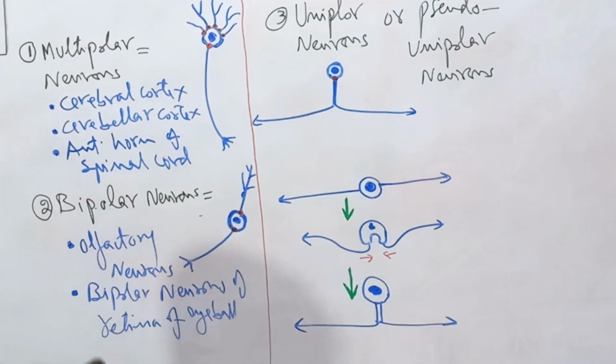Initially, these are not unipolar. These are bipolar, a cell body with two processes, thus having two poles. Then as development proceeds, the two processes try to approximate. Ultimately, they meet as a short stem, and after a short distance the two parts remain separated. One becomes the central process, the other the peripheral process.